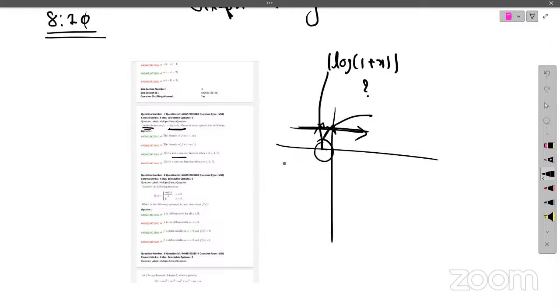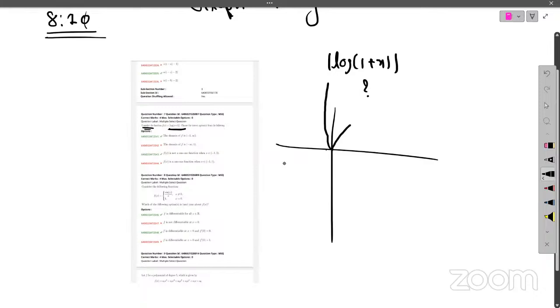Will it touch the origin, or like this? No, this will be a point. Yes, this will be the origin, correct. It will grow something like here. But still, log of 1 plus x, the entire function should have one graph.